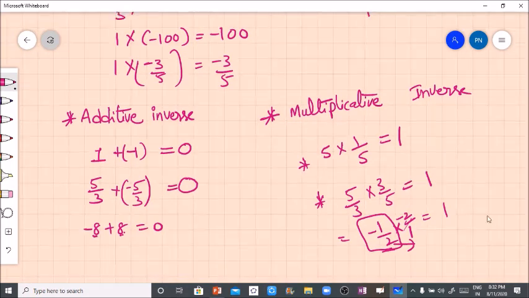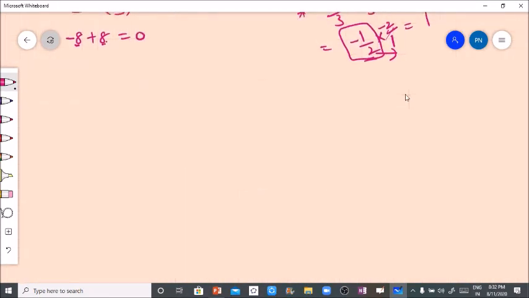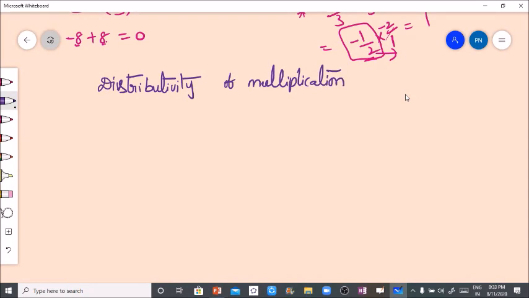Okay, right. And next, finally, we have to learn about distributivity of multiplication over addition. Okay, right.